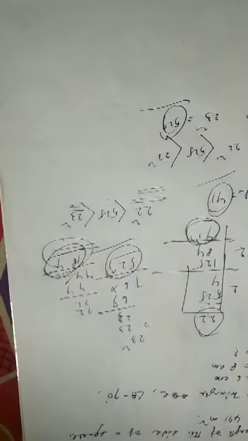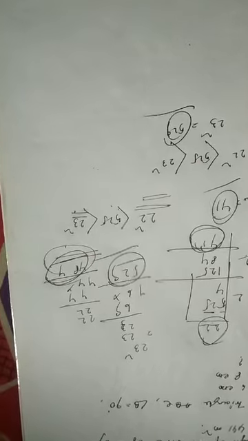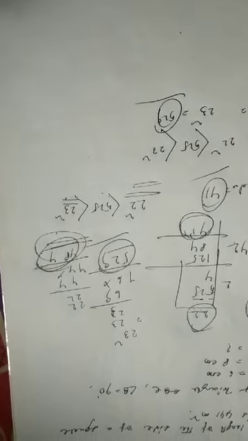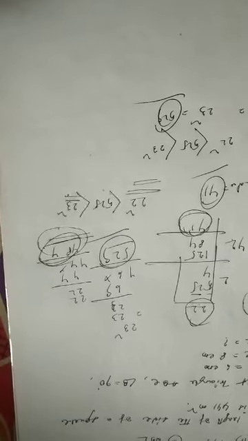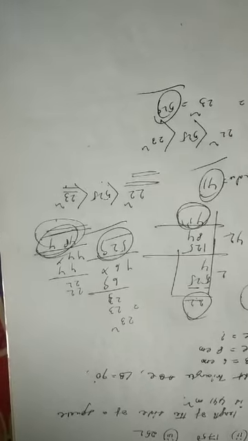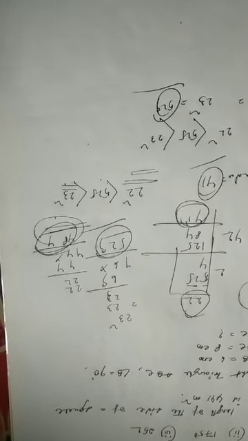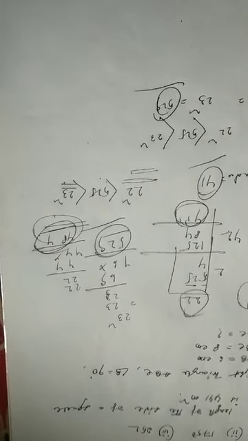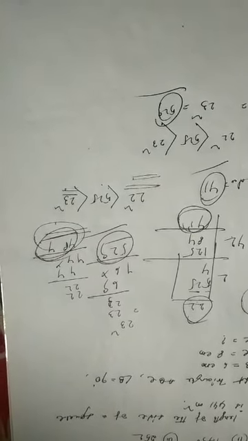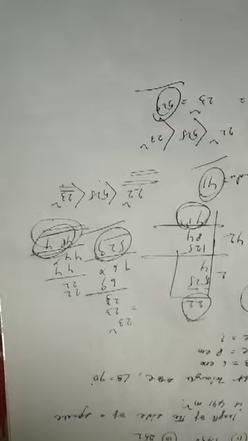So the square of 23 is 529, and the square of 22 is 484. The number which is coming in between is 525. So after 525, the next perfect square number is 529.